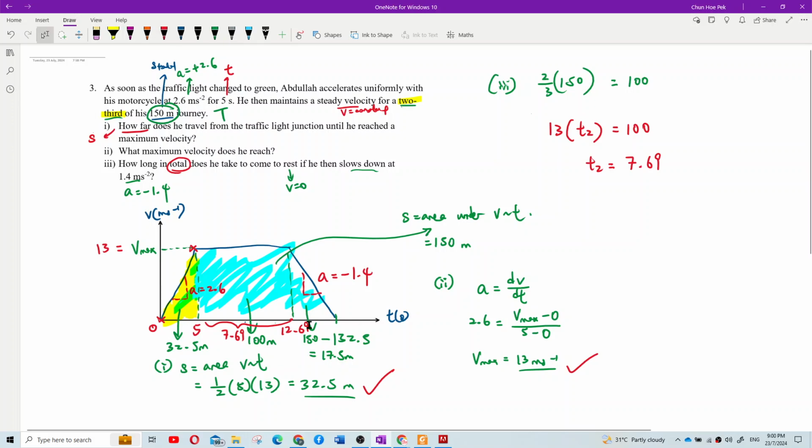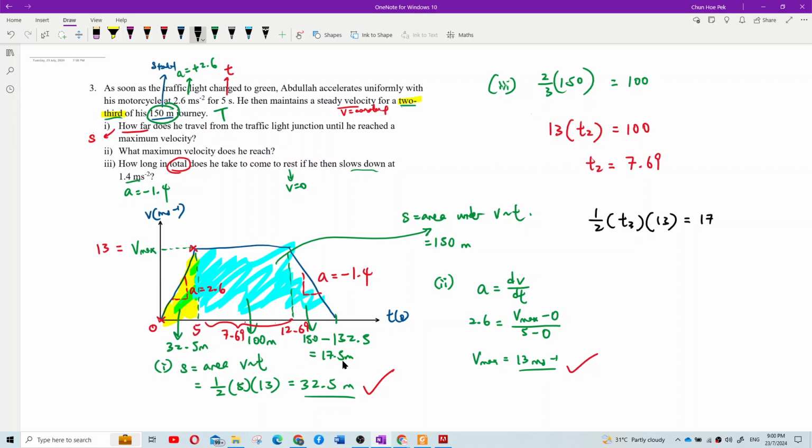Okay, now the small area here. You can use the triangle here. One half times T3 times 13 is 17.5.